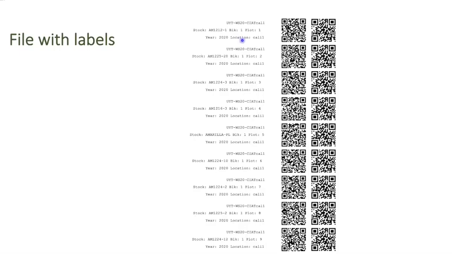So next step. So can we not print these labels directly from here onto stakes or labels? Sorry, can you say it again? Can we not print these labels directly from here onto stakes or labels?